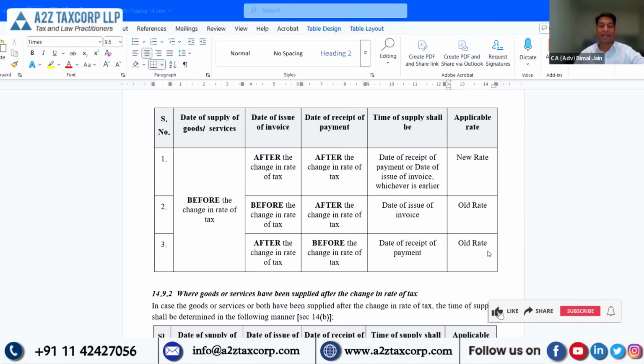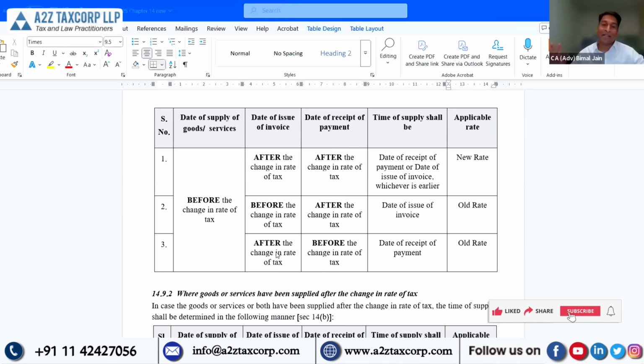Here they say old rate, whereas you are raising the invoice after 22nd September, but you will still apply the old rate. So even the law provision existing as of today does not match the line. It should have been simpler, but that is what Section 14 says, as referred to in the frequently asked questions.